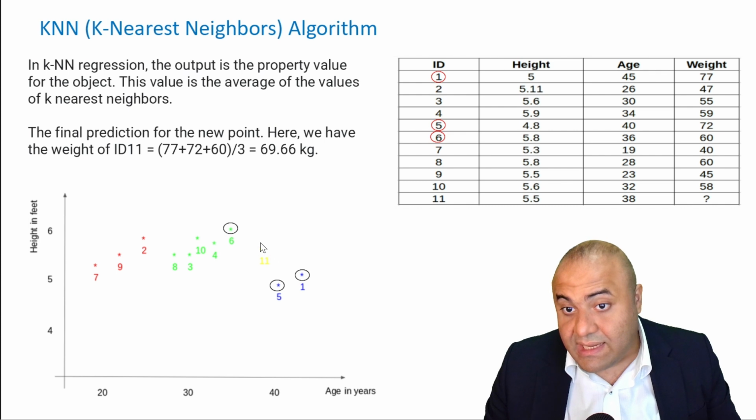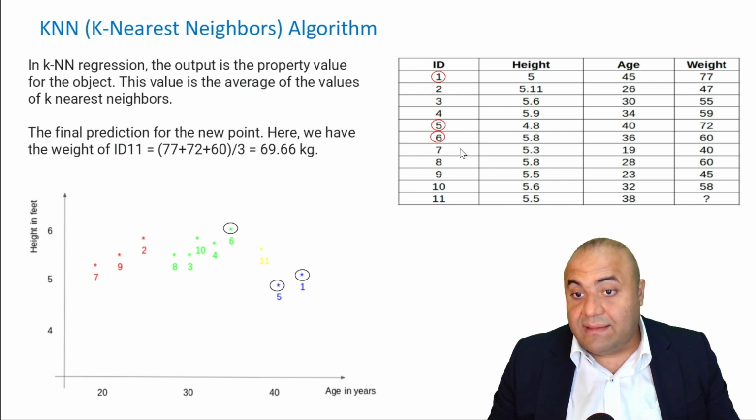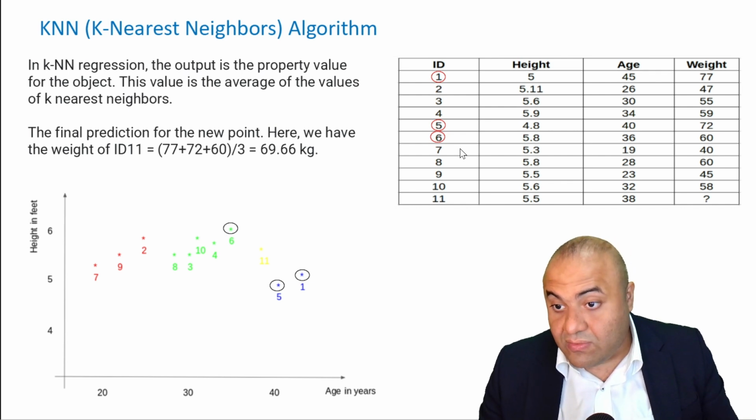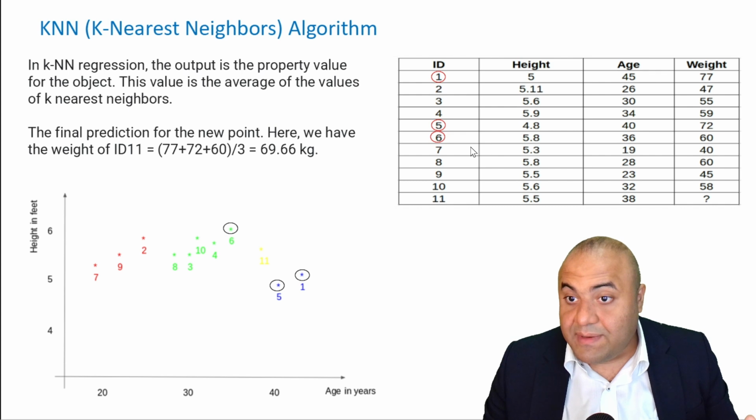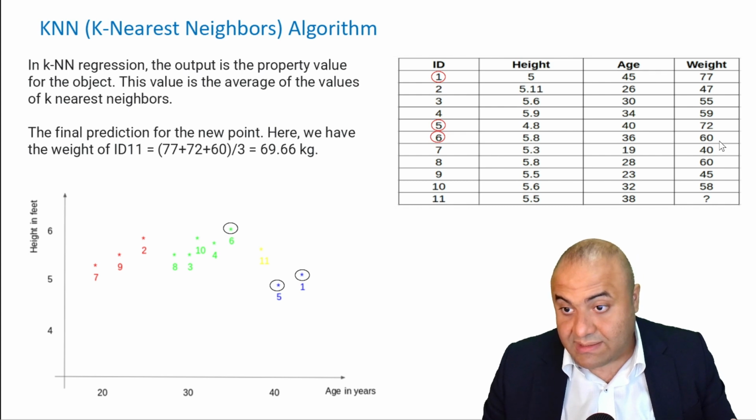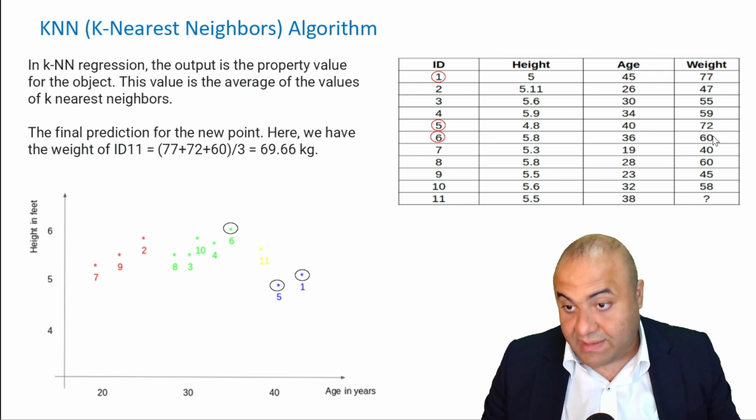For point 11, the closest points are 1, 5, and 6. So to predict the value of point 11, we simply sum the values of the neighbors and then divide by the number of them.